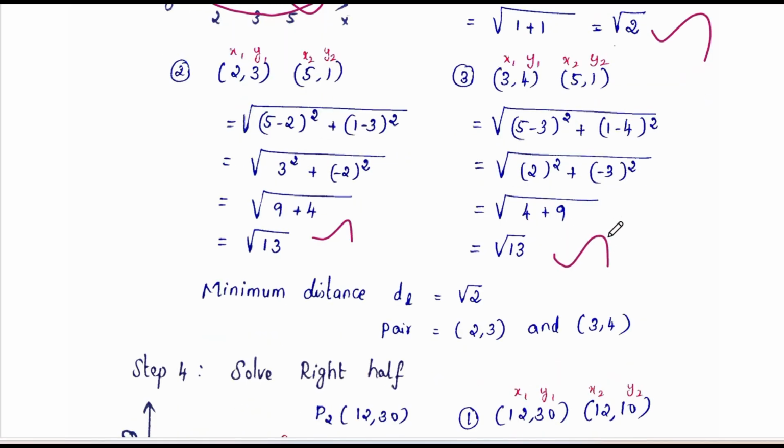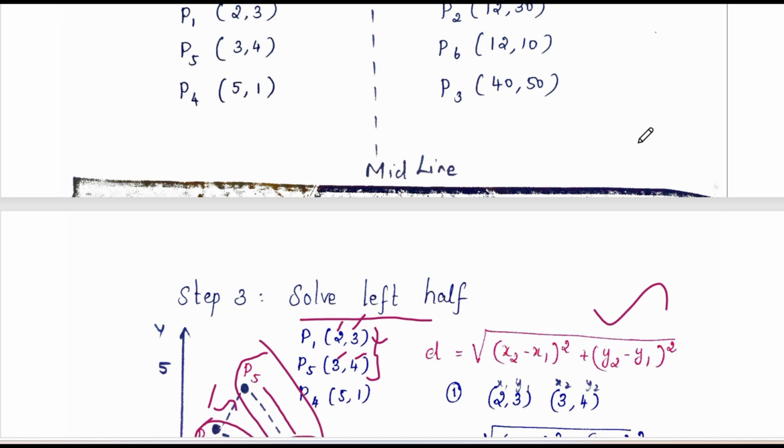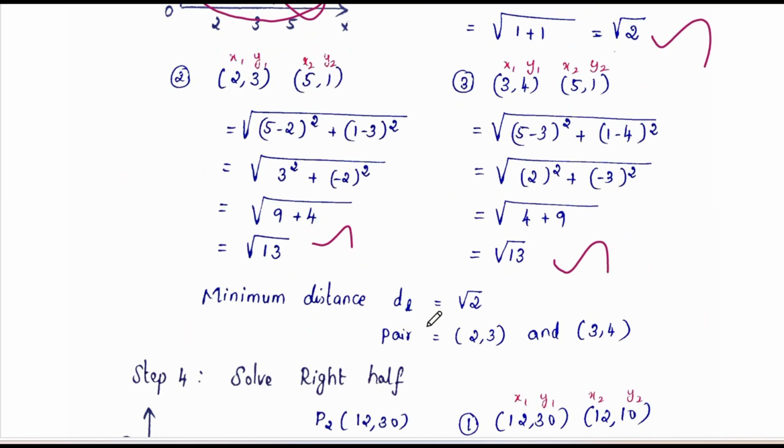So which one is minimum? Because we find the closest pair, so take the minimum one. In the previous applications, longest integer multiplication, and the second, maximum sum array, we take the maximum value among all the calculated values.